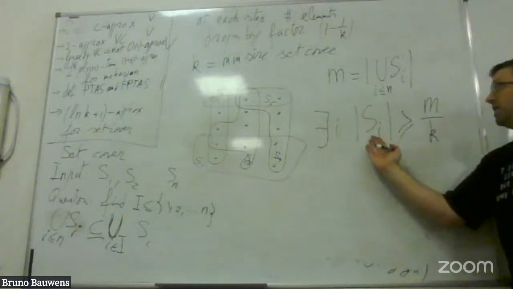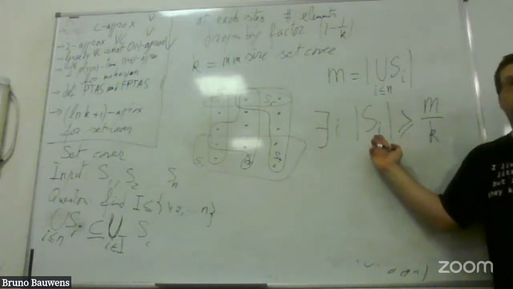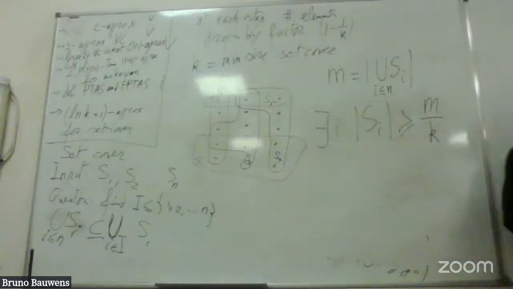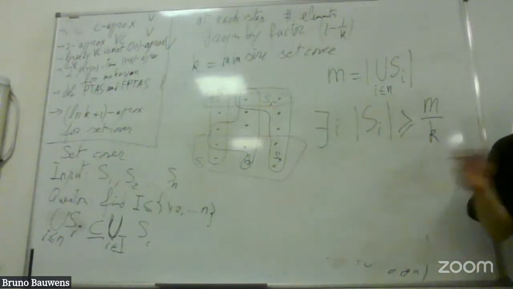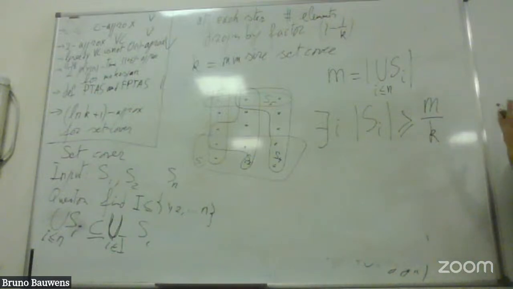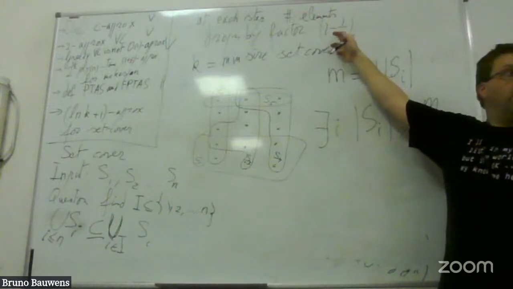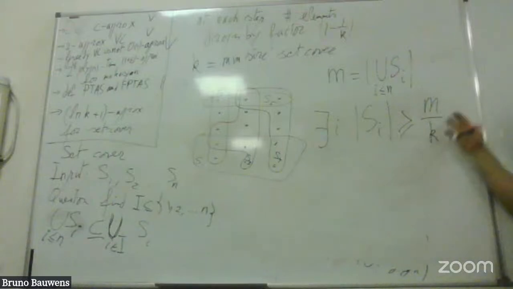So there is one set among our special choice in the min set cover. When we take the maximum over all the sets, we can only get more elements. So when we drop the biggest set, we must lose at least a 1 over k fraction of elements.